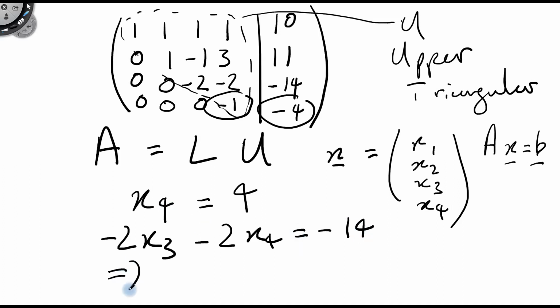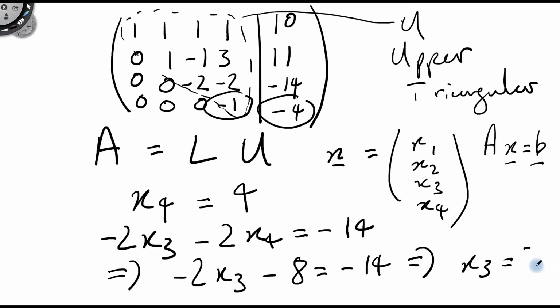So that implies that minus 2x3 minus 2 times x4, which is minus 8, equals minus 14, which implies x3 equals 3. And we can call this process backward substitution, to form the solutions. And if you continue with that, you end up with this result.